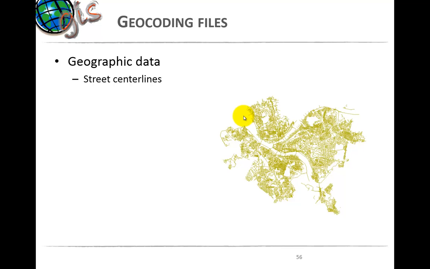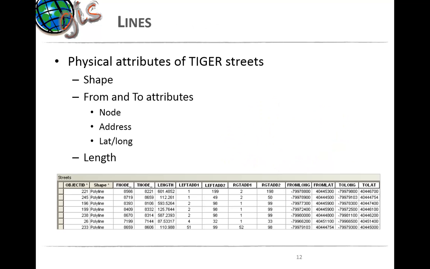So what do we need for geocoding? We need street center lines. We have already seen in part 1 of this week's exercise how Tiger files are formatted. Let me show you how the Tiger files are formatted one more time. So, physical attributes of Tiger streets.